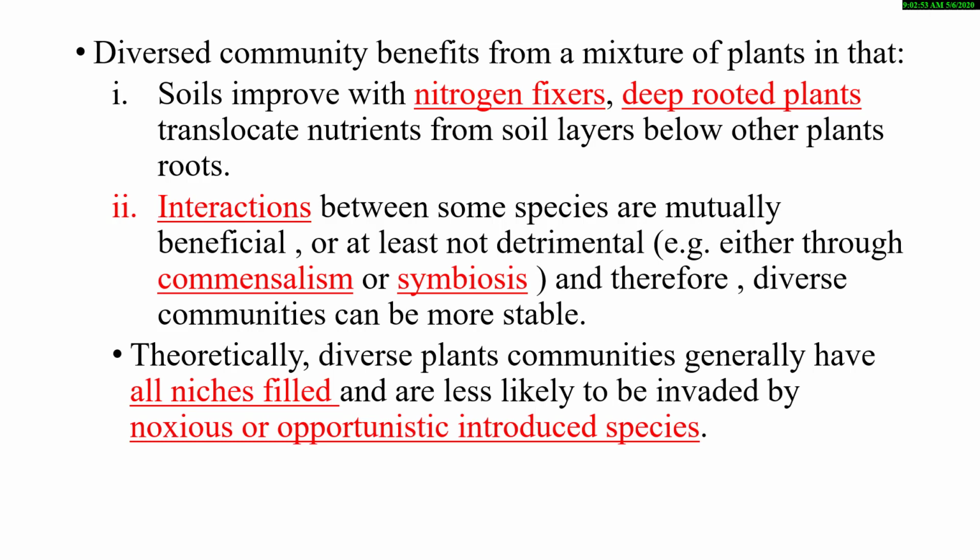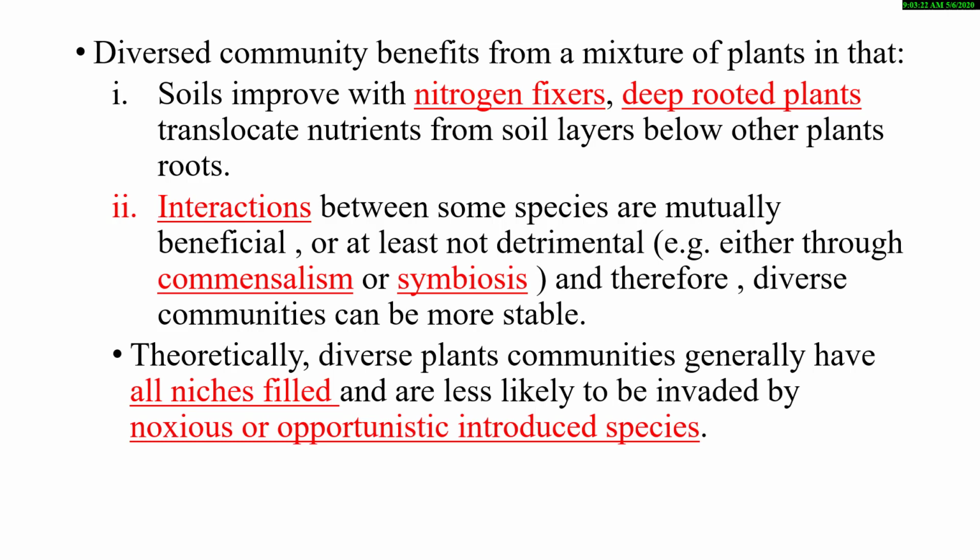Diverse community also has these benefits. When a community is diverse, it means that such a community has a mixture of plants. And when there are different plants, soil is improved because some of the plants may be able to fix nitrogen.